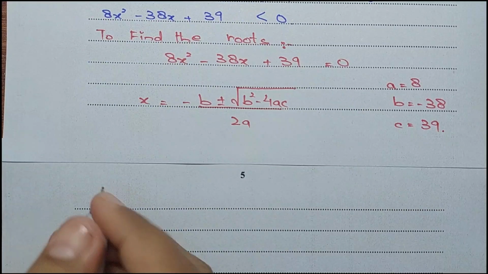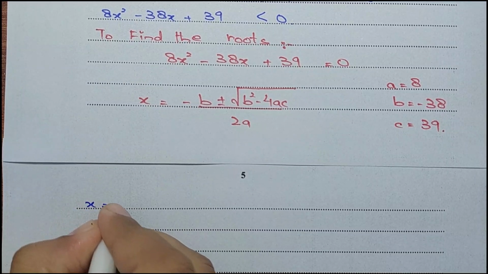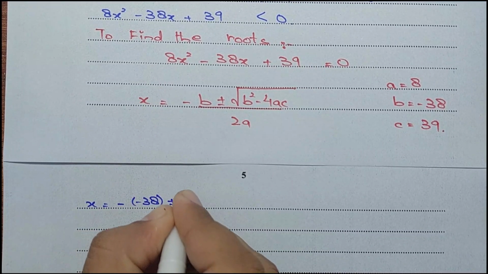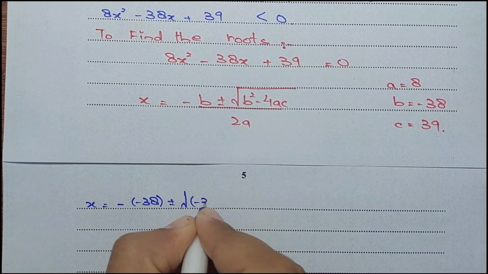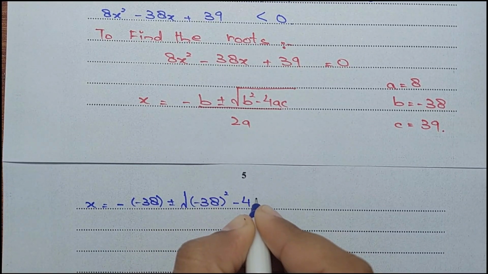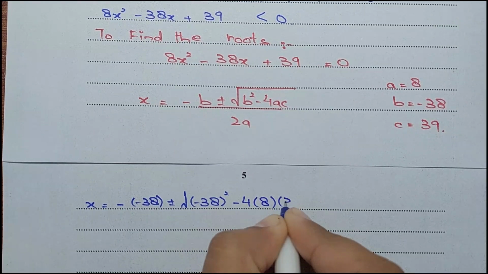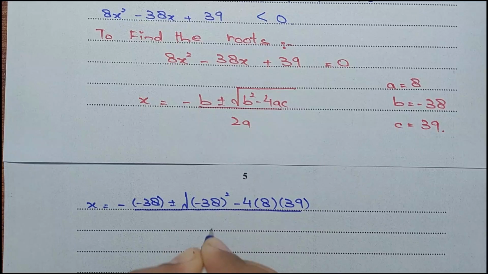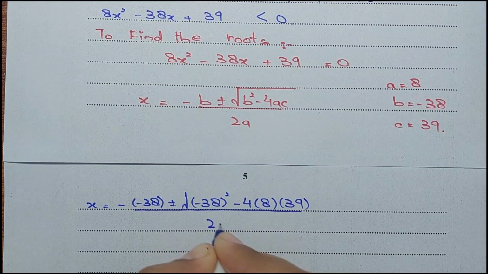Now let me substitute. x would be equal to minus b, which is minus 38, plus or minus the square root of b, minus 38, square, minus 4 times the a value, which is 8, and the c value, which is 39, divided by 2 times a, which is 8.